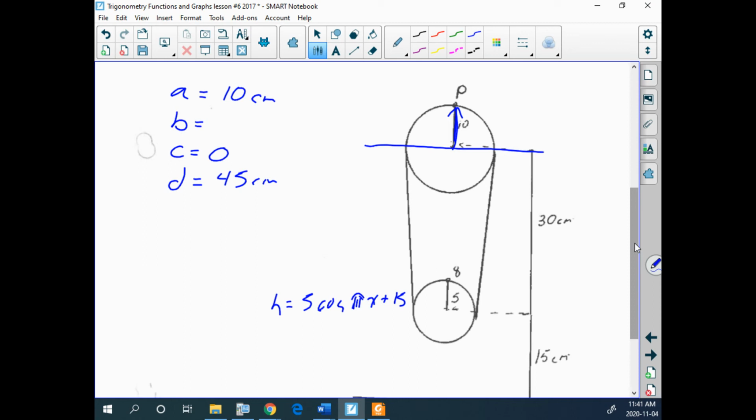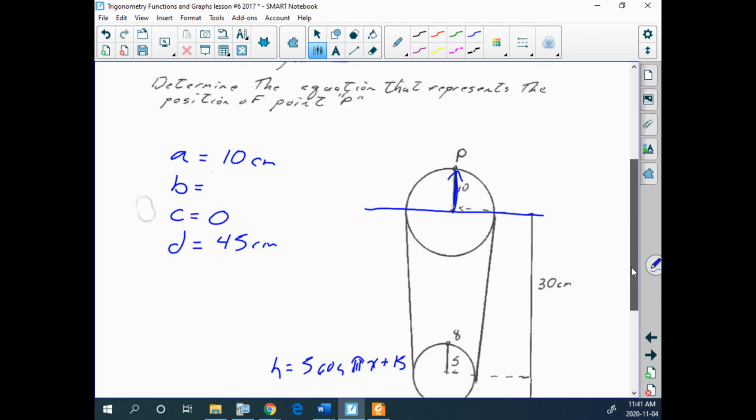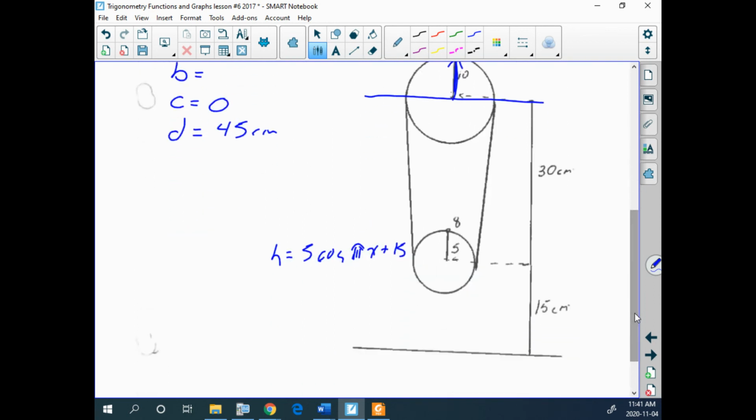Now the period is harder. You have to read the problem. The period of the top gear is twice that of the bottom gear. Do we have enough information to figure out how long it takes the bottom gear to roll round and round?